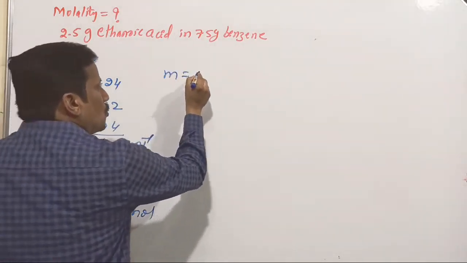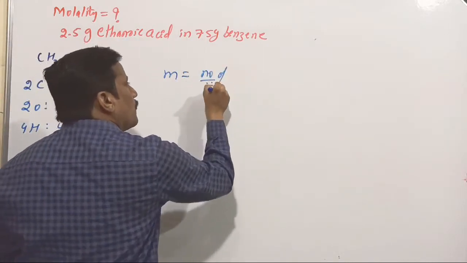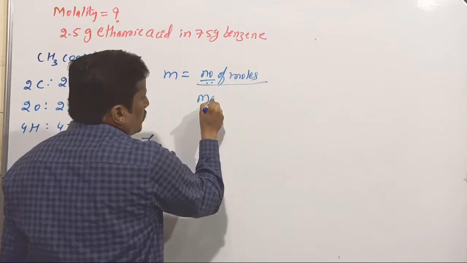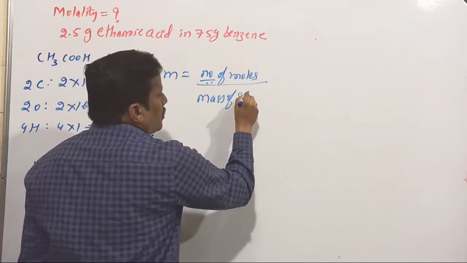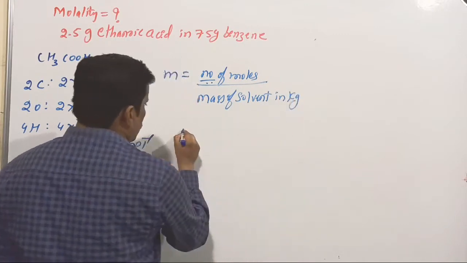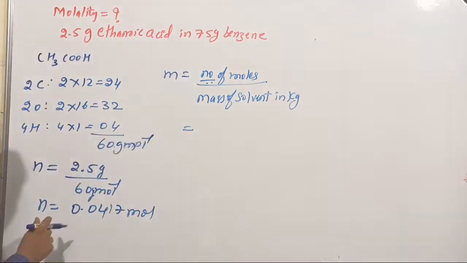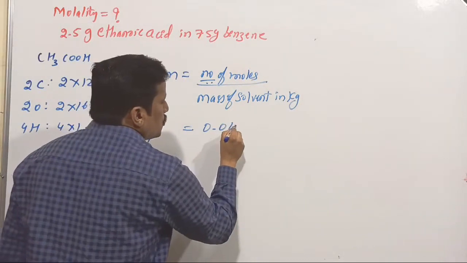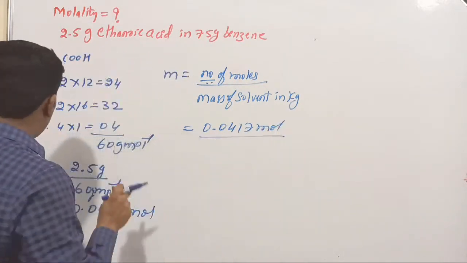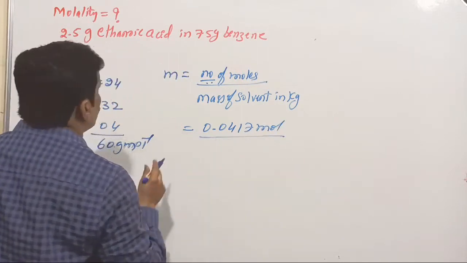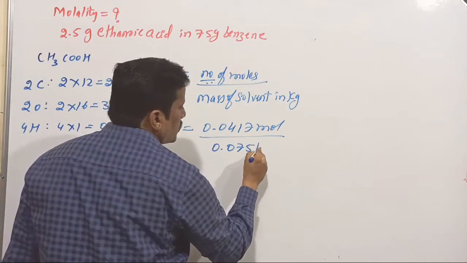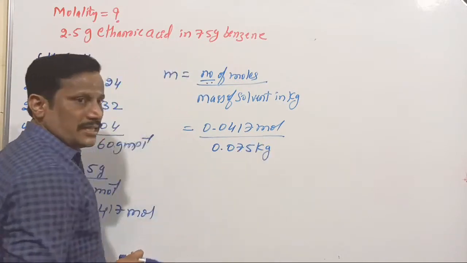Then we go for molality. Molality is equal to the number of moles divided by the mass of solvent in kg. Substitute the number of moles: 0.0417 mole divided by the mass of solvent in kg, that is 75 gram, which becomes 0.075 kg.